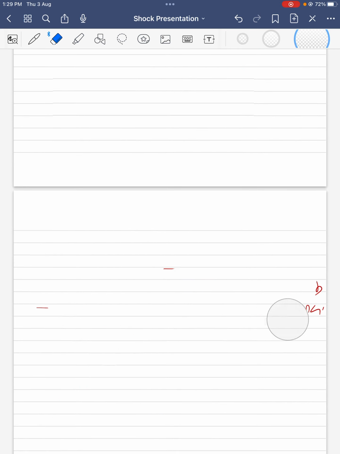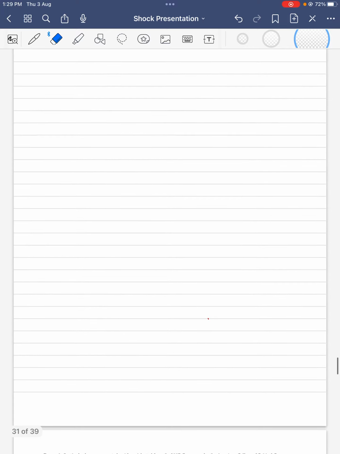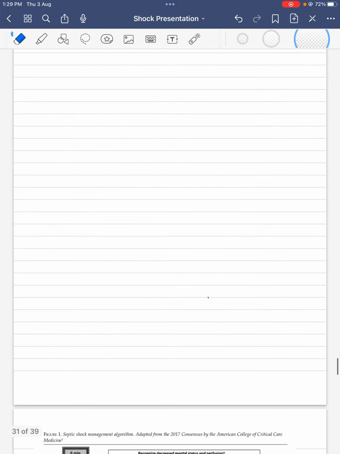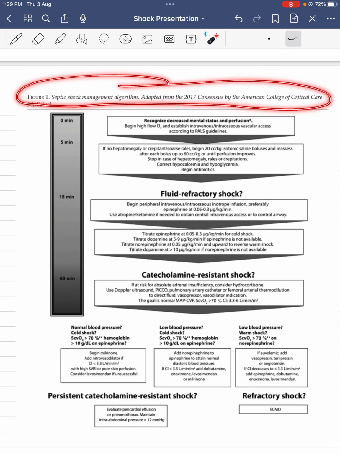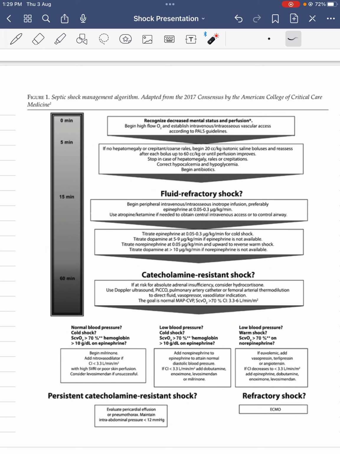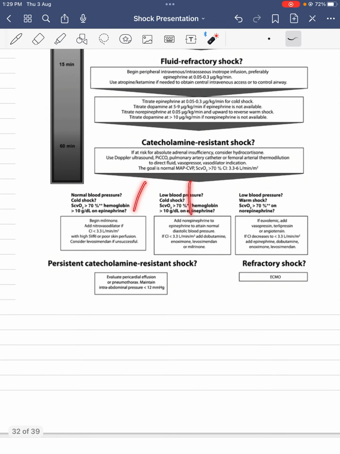Okay. So our treatment of shock, up to inotrope, you know very well how we will brief. This is adapted from septic shock management, but there is not much difference among the other shocks also. So now we start. Initially we give fluid and catecholamine. After 1 hour we select another catecholamine. Then even after that if it's not responding, we have to change to ECMO, no other option.